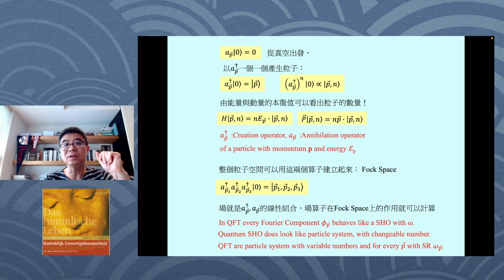You just need a field theory, and field theory is like a lot of simple harmonic motions. If you quantize the simple harmonic motion, every simple harmonic motion looks like a particle system. Therefore quantum field theories are particle systems with variable particle number for every momentum with its corresponding energy.